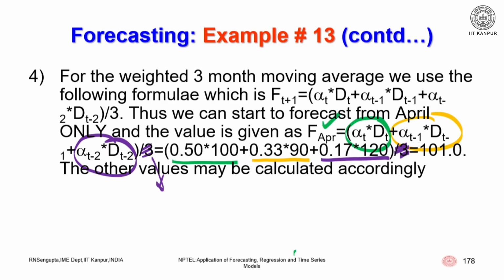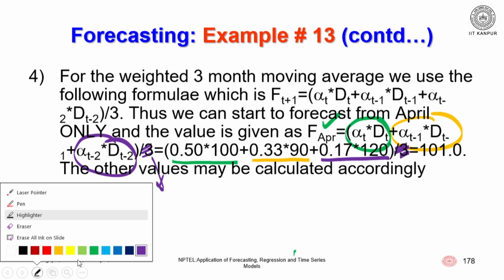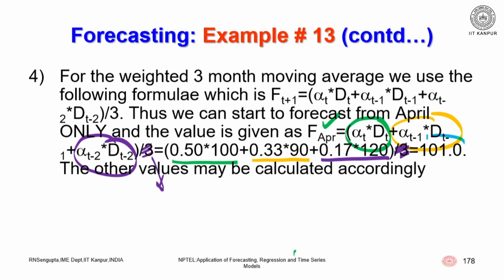So, if I find out the value, it comes out to be, I am marking in blue, 101.0, which is for April, based on the fact that I am using the moving average with unequal weights, but the weights add up to 1.